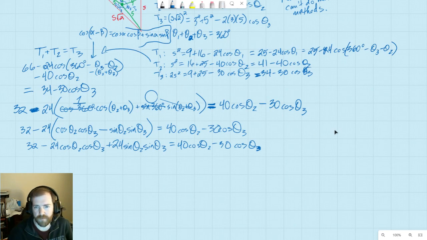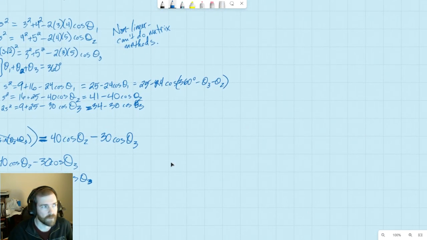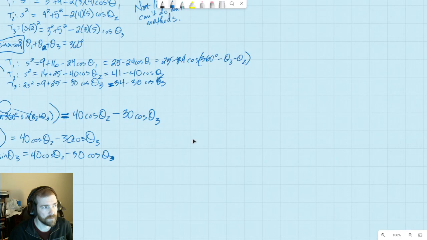Alright, that may or may not do anything. So let's take T1 and T2 and set them equal to each other.